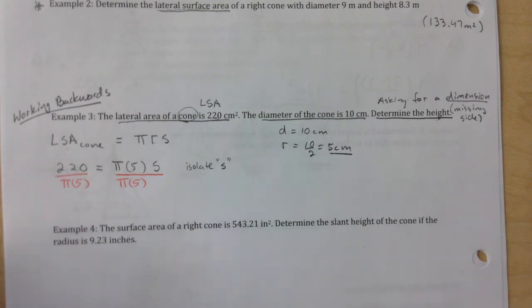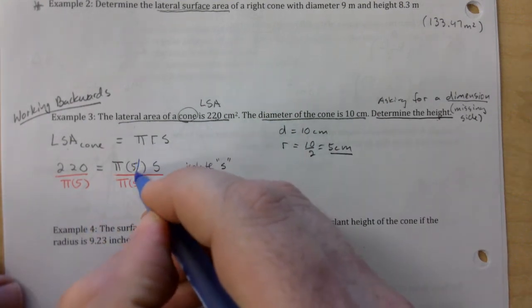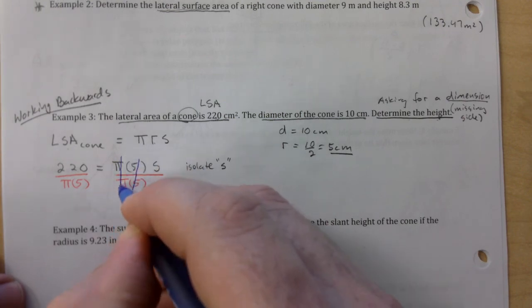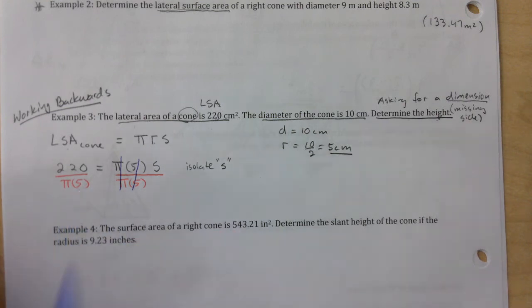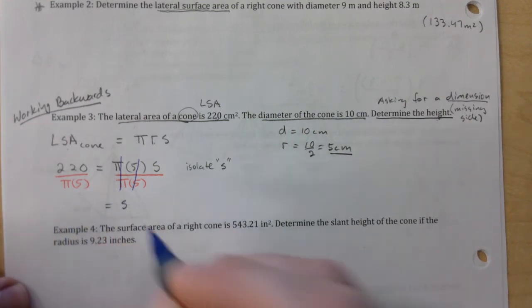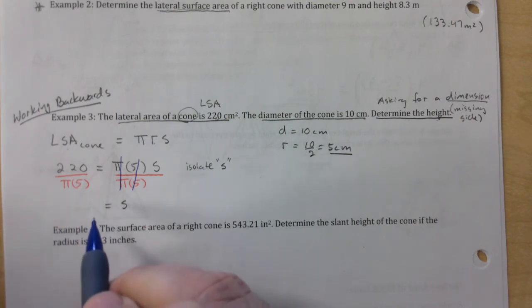Okay? And that allows us to do this. The 5's go, the pi's go, and so you're essentially just left with this.